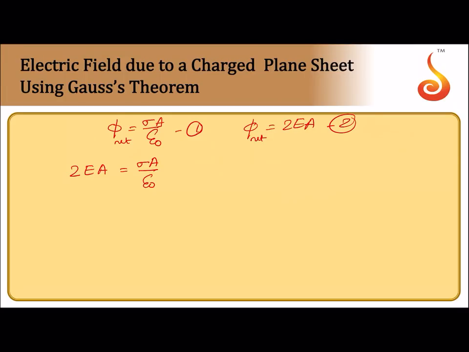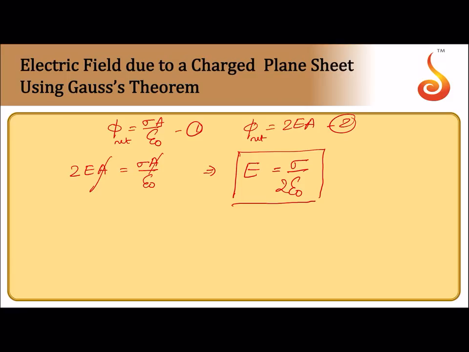From this equation, A and A cancel and I have E is equal to sigma divided by epsilon naught. Good, 2 epsilon naught. I'm sorry, I missed out that 2. So E is equal to sigma divided by 2 epsilon naught, and again a very important equation.